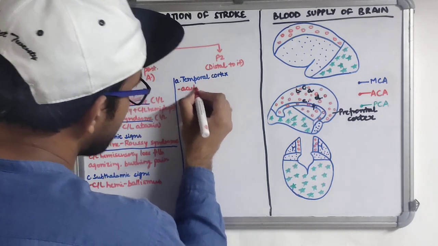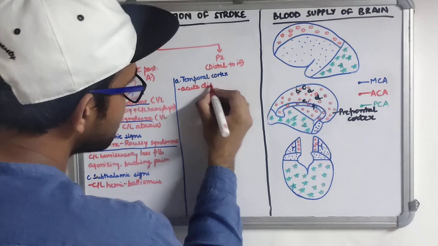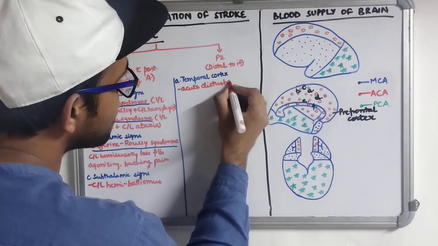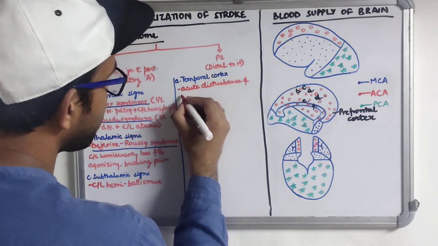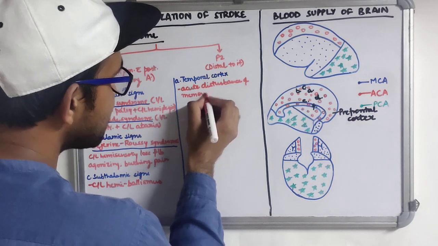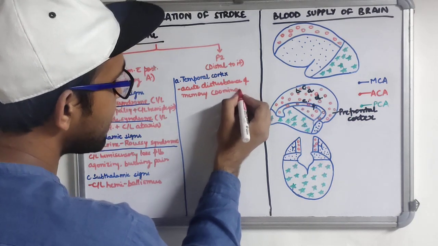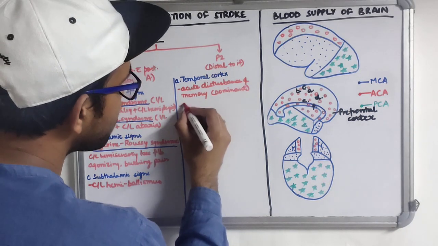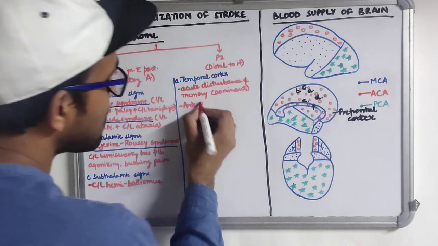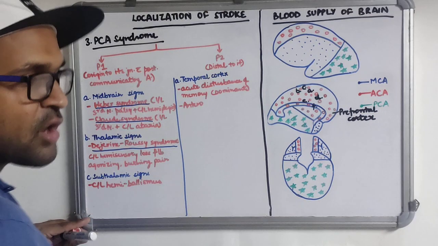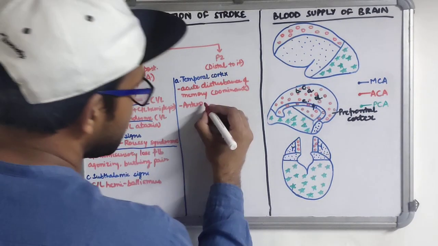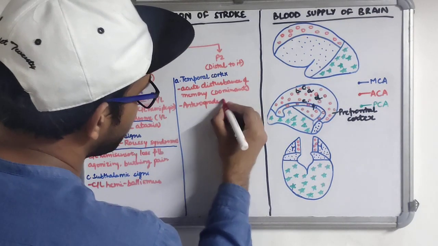It usually clears because there is bilateral representation of memory. But if there is bilateral involvement, it will result in anterograde amnesia. Anterograde amnesia means lack of new learning and recent memory.